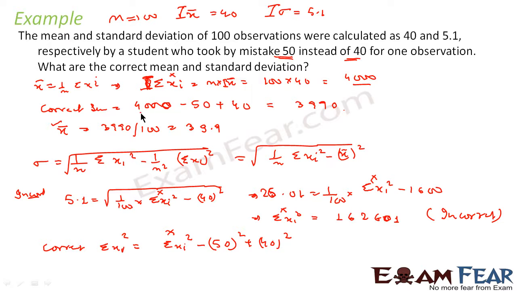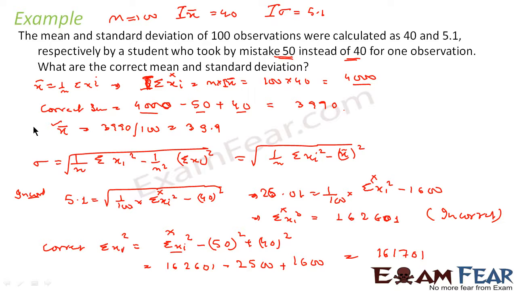Correct sum is incorrect sum minus 50 plus 40. Here also the correct sum of squares is the incorrect sum of squares minus 50 square plus 40 square. That is 162601 minus 2500 plus 1600, and this comes out to be 161701. So I have got the correct sum of squares.